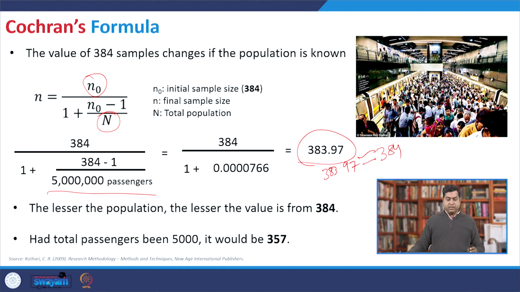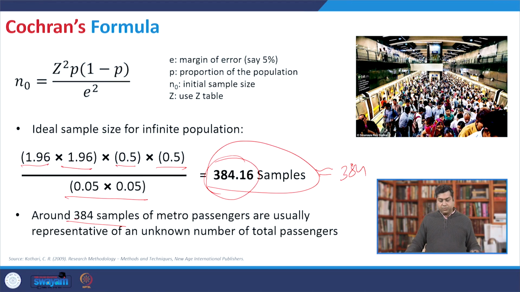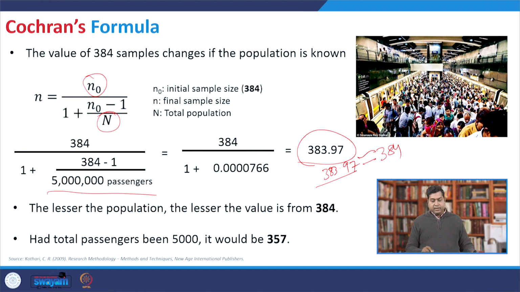Look at it, because 50 lakhs population is also a huge number, that is why it is very close to 384, but it is not exactly 384. In the previous calculation we saw 384.16, and in this case it is lower than that. Even if it is fractional, statistically it is lower than 384.